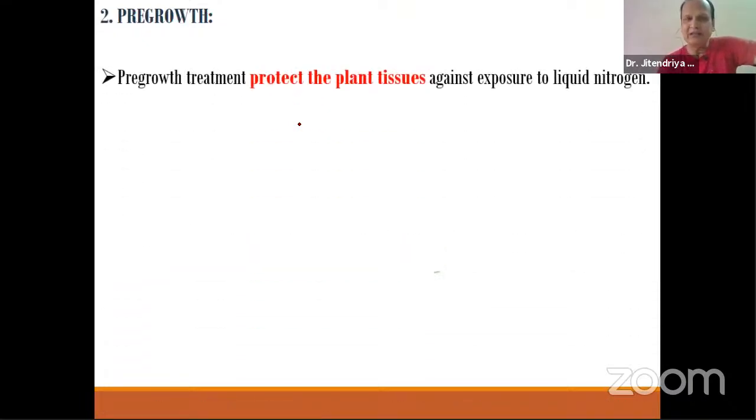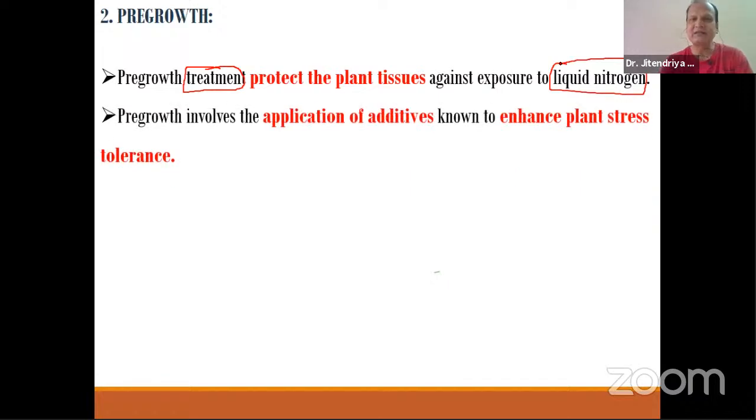Now, before going for cryopreservation, the second point is pre-growth. In case of pre-growth, what would happen? The treatment is given to those plant tissues so that they can handle this liquid nitrogen further. So for that reason, the treatment must be given in a proper way.